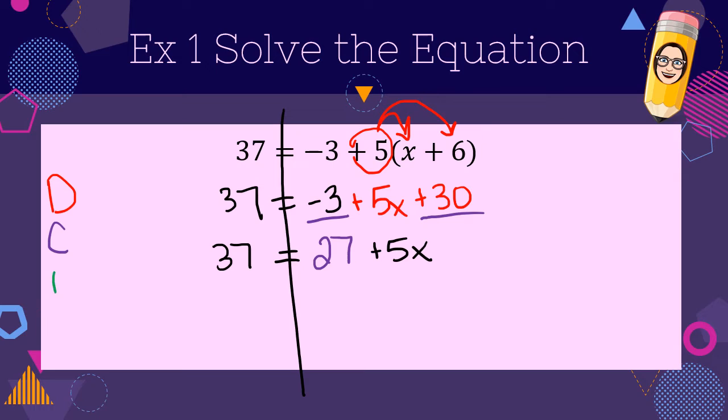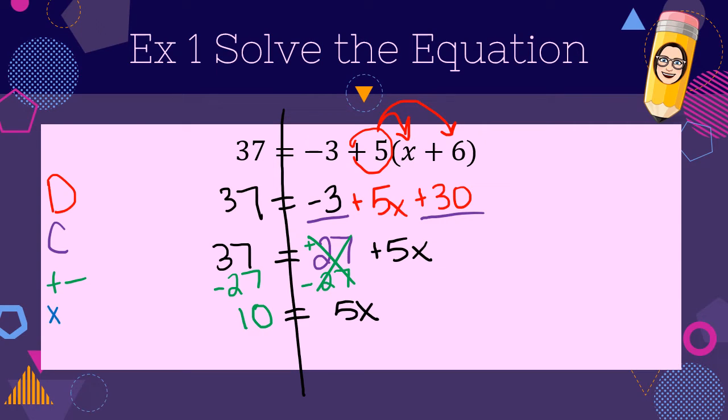Next, undo any addition or subtraction. I see that I have a regular positive 27, so the opposite, or to undo, would be to subtract 27, and we want to do that on both sides. The opposites cancel. I get a nice clean 10 on the left. Let's drop down the equals and drop down the positive 5x.